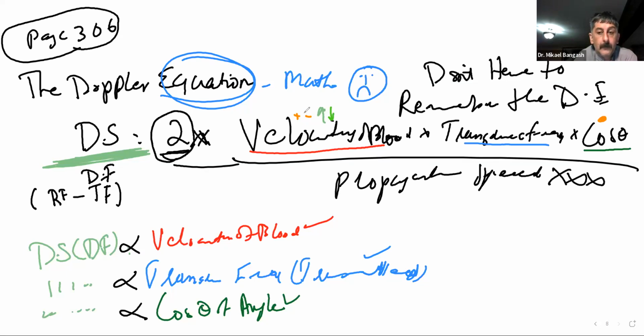Right. You can also say a great transducer frequency. If you use a transducer with a high frequency, it's going to give us a great Doppler shift.